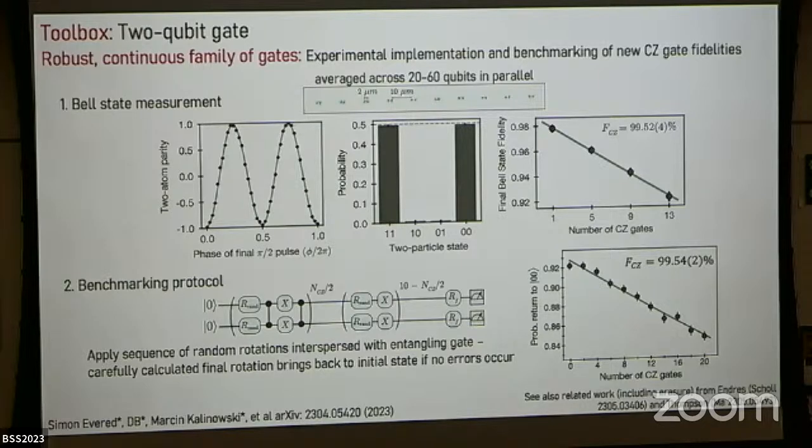So the fidelity with which you return tells you something about the fidelity of the CZ gate. And from this different type of benchmarking, we also get 99.5%. And these experiments are performed on 20 to 60 qubits in parallel. So it's not just on a pair of qubits. It's fairly homogeneous on a pretty large number of qubits.